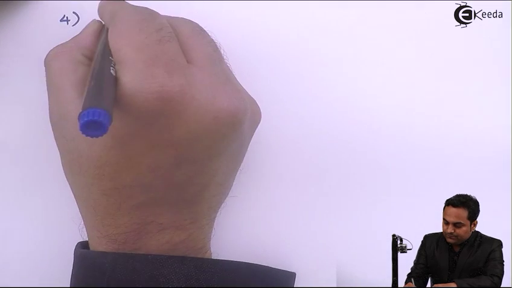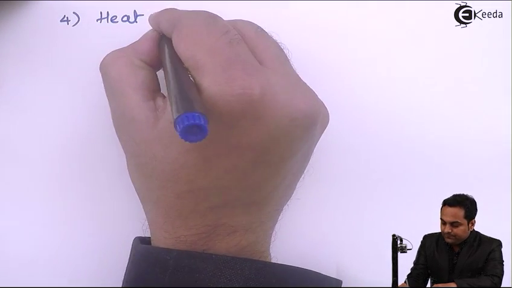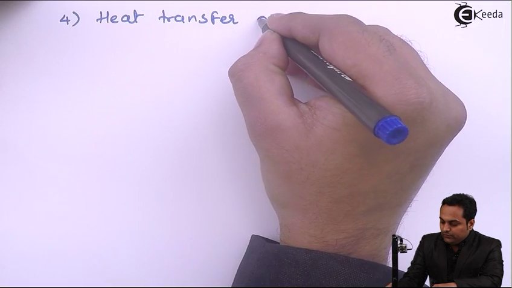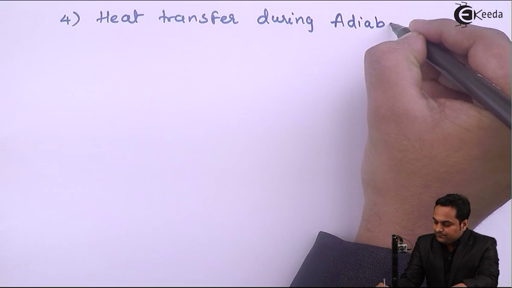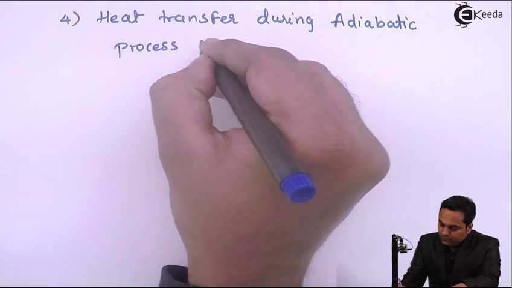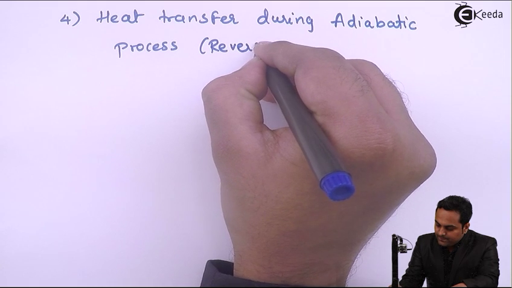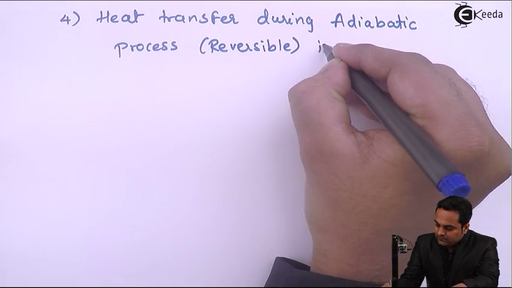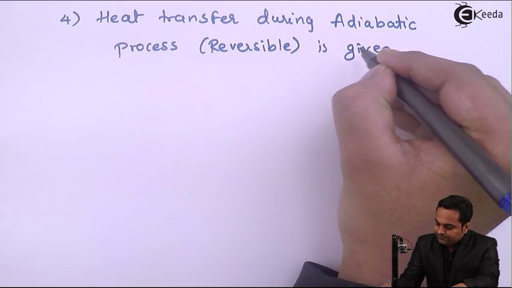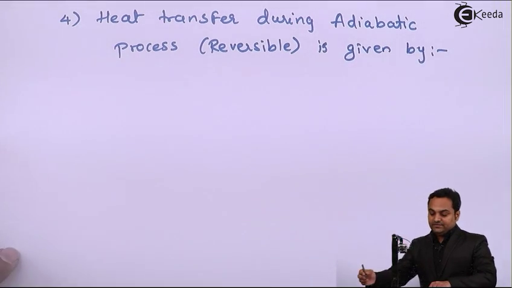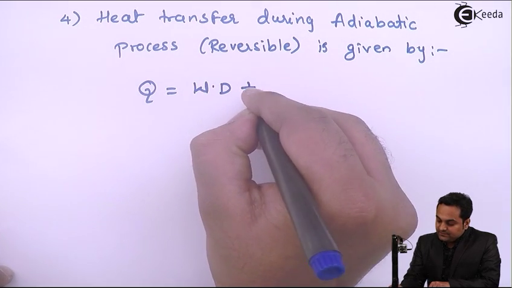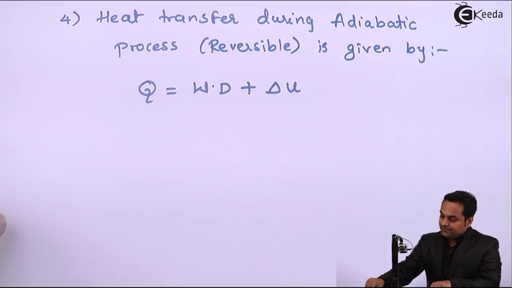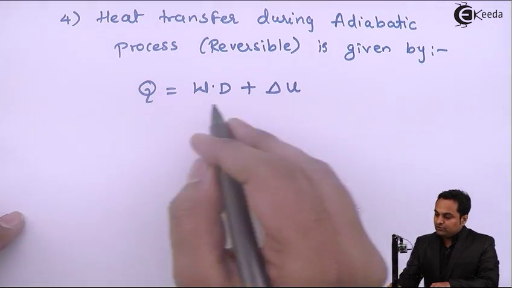Now I can say that heat transfer during adiabatic process, which is a reversible adiabatic process, is given by the general equation, that is equal to work done plus change in internal energy. This is by first law of thermodynamics.